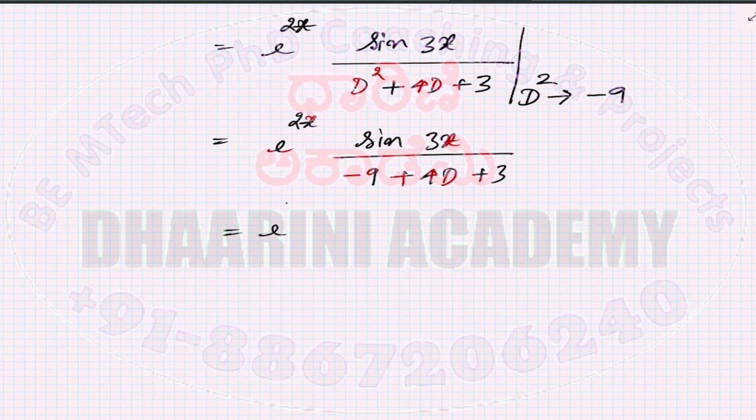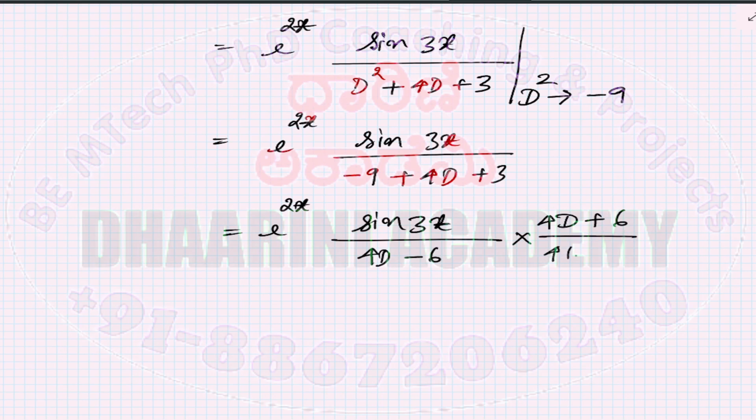This is equal to e to the 2x into sine 3x divided by 4D minus 6. Alright, when I have 4D minus 6, I need to simplify this. I need to bring a D square in the denominator. So I will multiply by 4D plus 6 and divide by 4D plus 6.